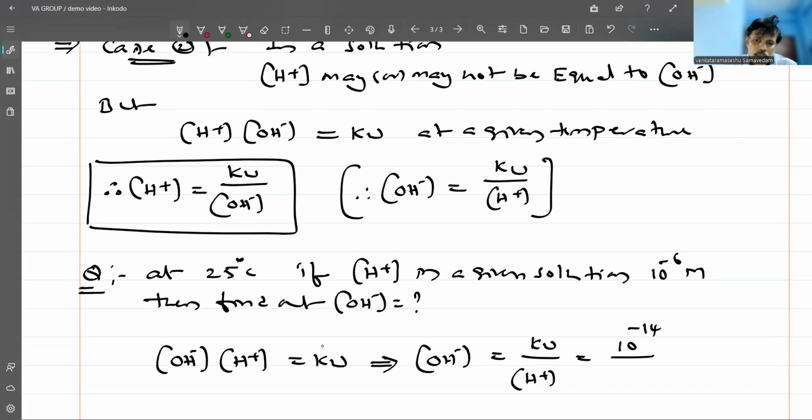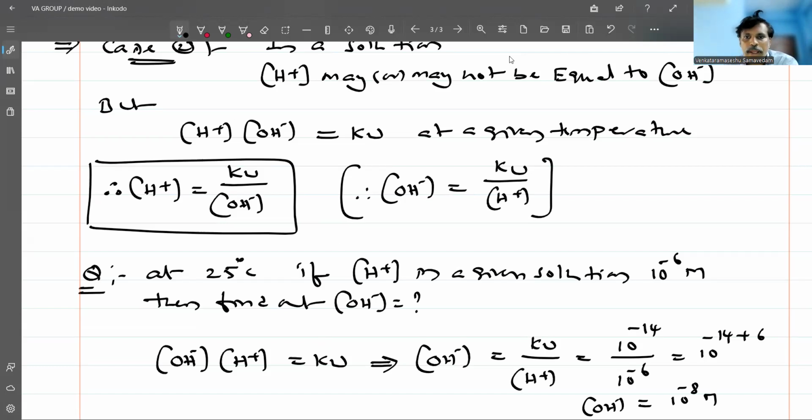This value we know. At 25 degrees centigrade, Kw is fixed. Given H plus ions concentration as 10 power minus 6, then 10 to the power of minus 14 plus 6. Then OH minus ions concentration is equal to 10 to the power of minus 8 molar.